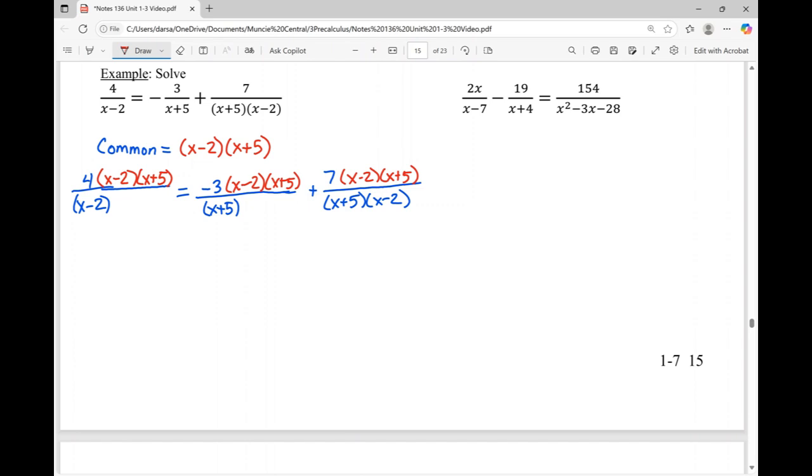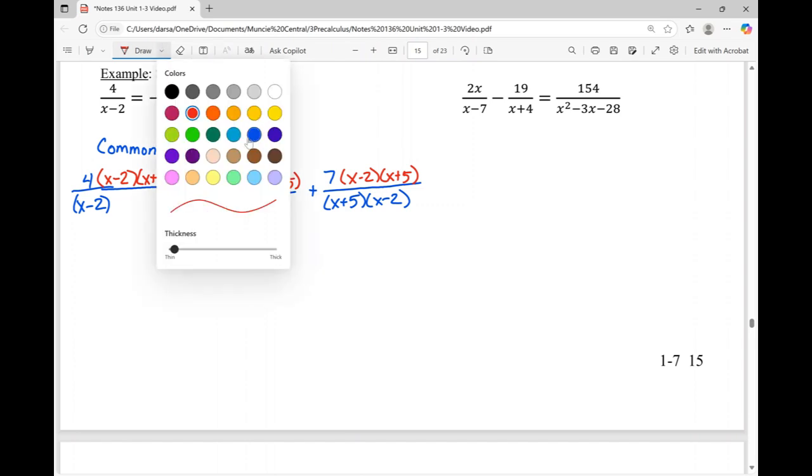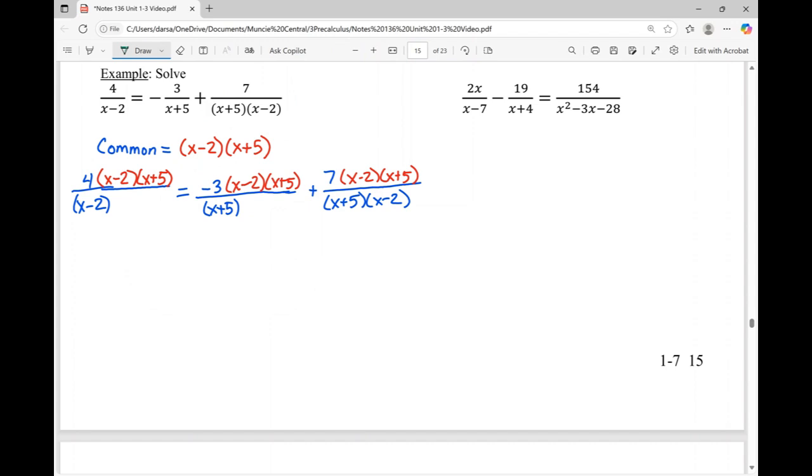Okay, now what happens? This looks a little crazy, but what do you see happening? Let's look at this first place right here. What's going to happen here? Well, hopefully you see that the numerator and the denominator both have an x minus 2, which means we're going to end up being able to cancel or divide those out into a 1. And in the second fraction, they both have an x plus 5, so that denominator is gone.